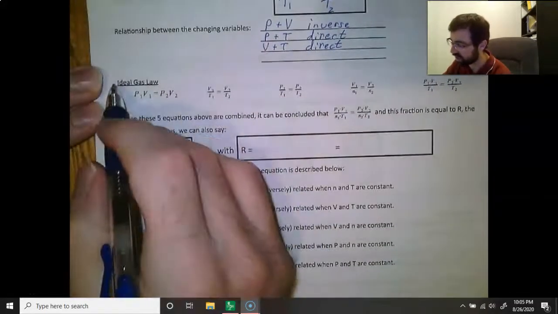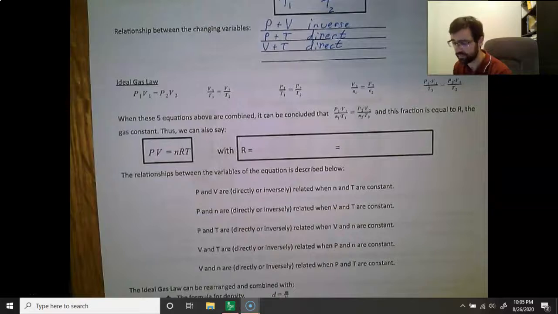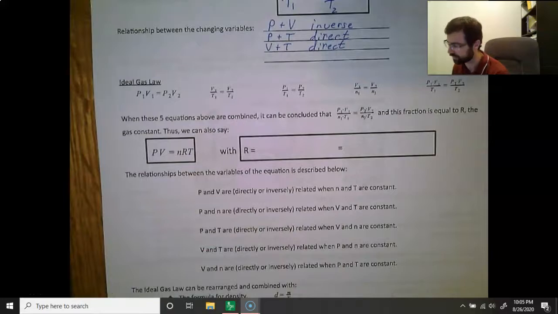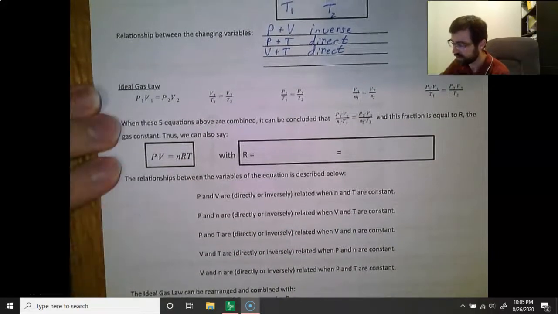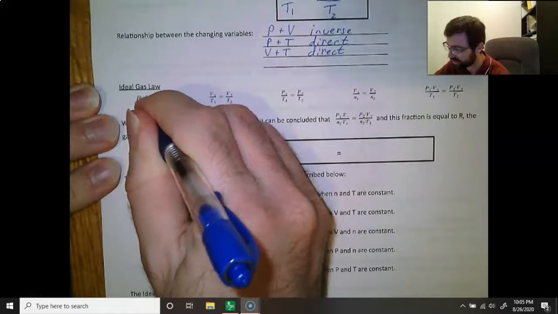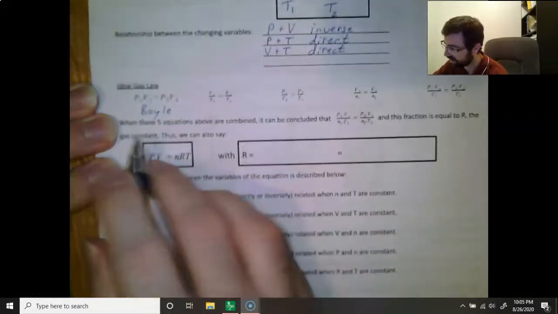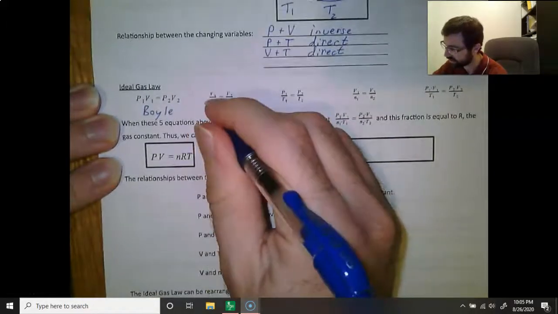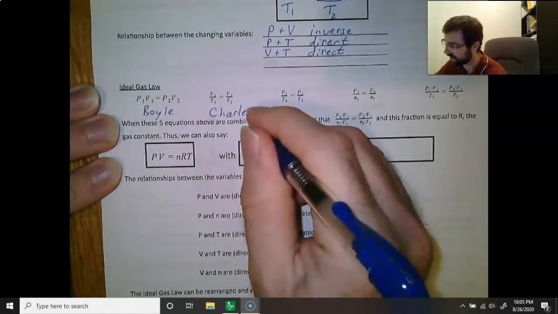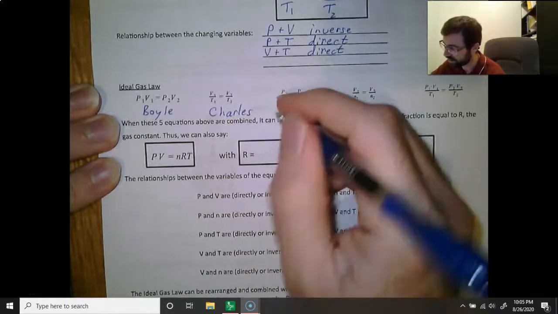Just the general concept of the ideal gas law comes from combining all of these together and coming up with a relationship. All right. So if I were to put these together, let's run through that again just to review: Boyle's law. Okay, TV, that's Charles. TP, that's Gay-Lussac.